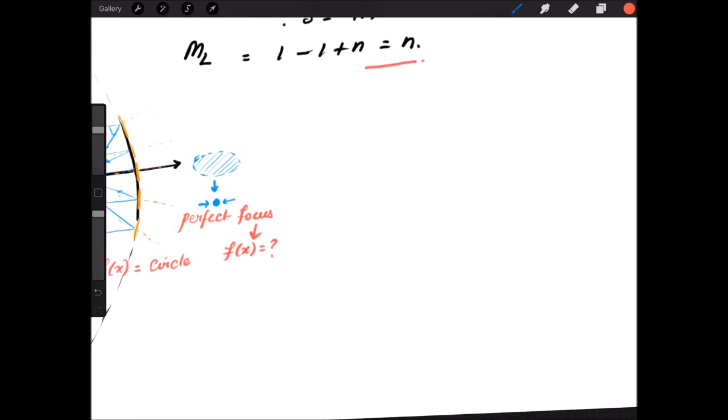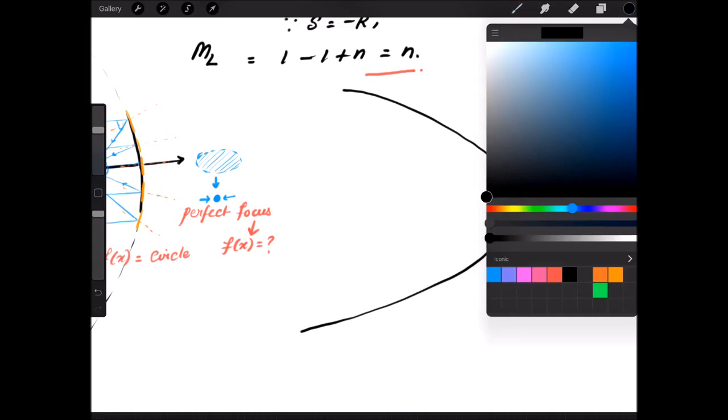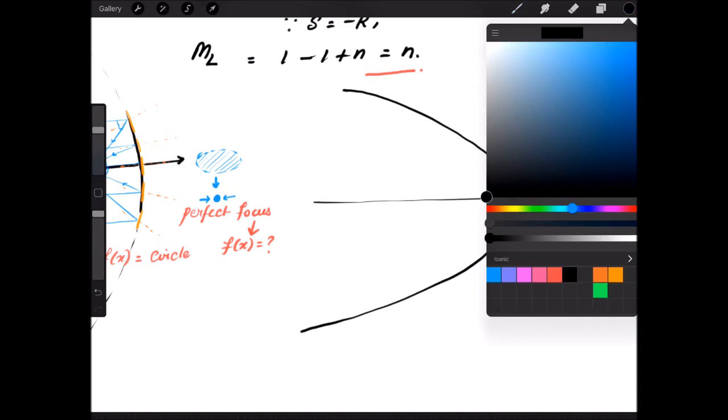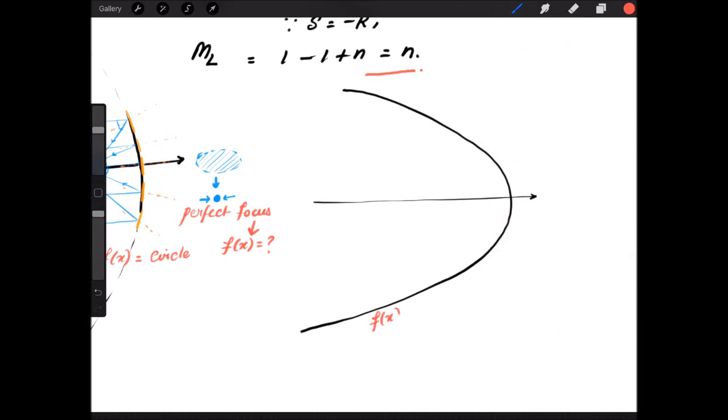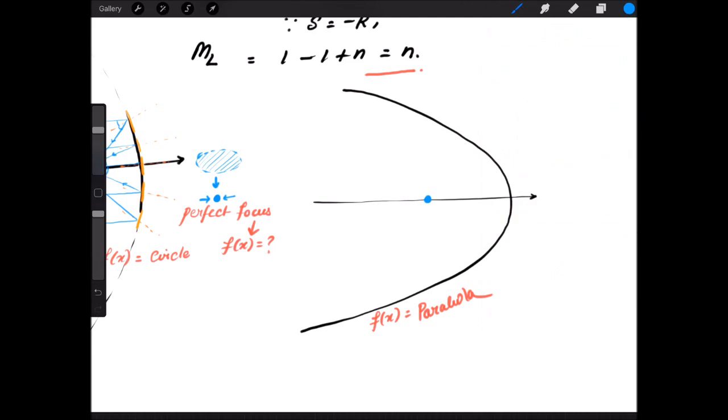Right, so the answer is, if you remember high school mathematics, the curve would be a parabola. So the function that describes the perfect focus is a parabola. That is because that is the definition of the focus of a parabola: if you have rays coming in, so this one will be reflected back, and say any parallel rays which are coming in are all going to be focused at exactly one point.